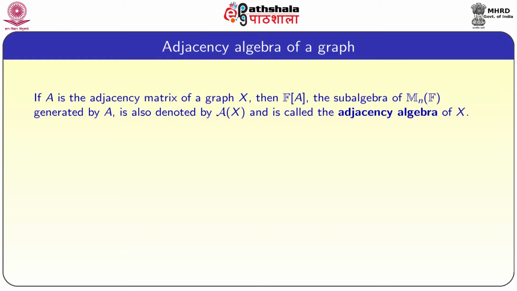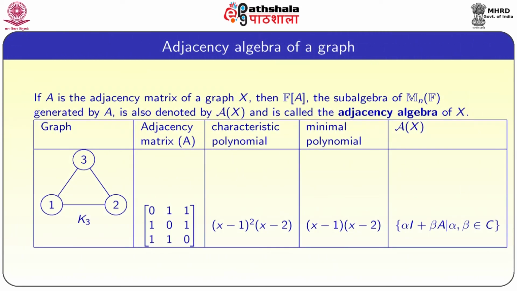It is denoted by A(X) and called the adjacency algebra of X. So, the adjacency algebra of X is the set of all polynomials in A, and you can show that it is an algebra. By algebra, we mean it has both a vector space structure as well as a ring structure.